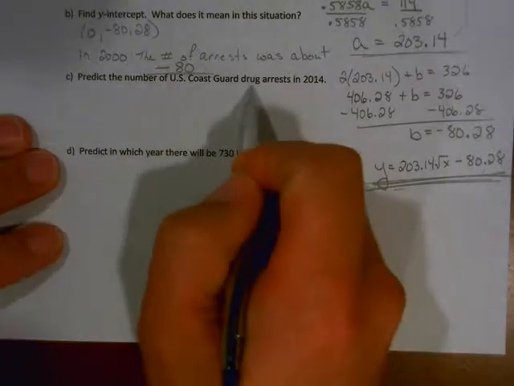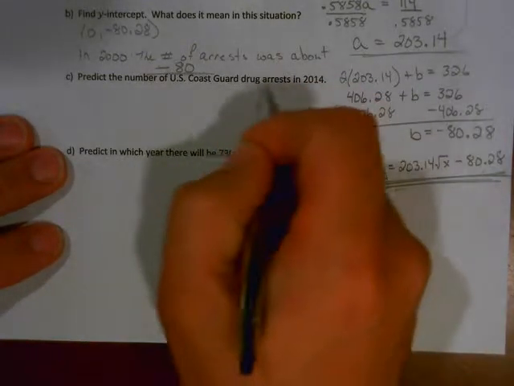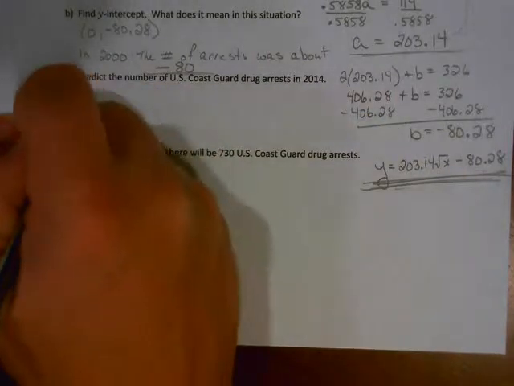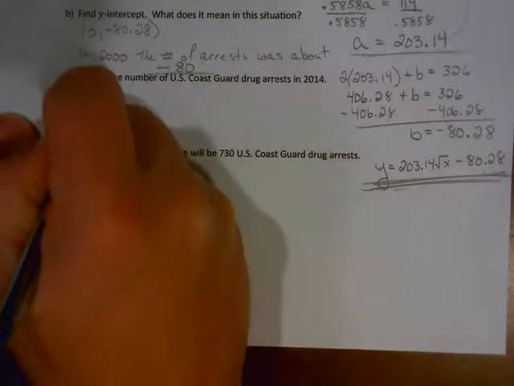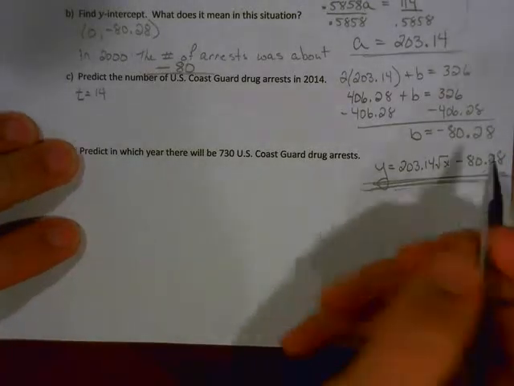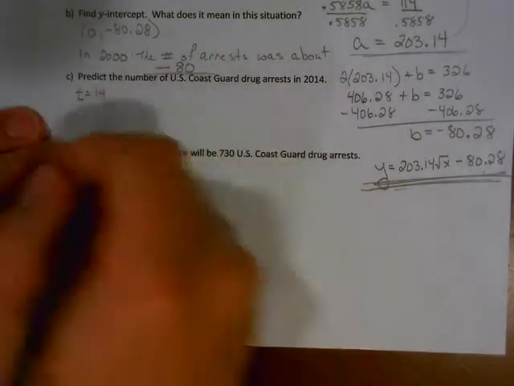Now if we want to predict the drug arrests in 2014, that's going to be t equals 14 years after 2000.